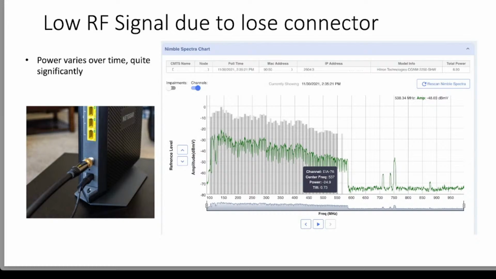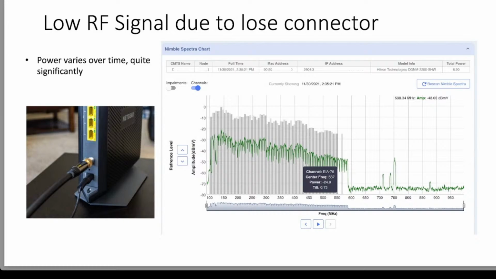So, following the theme of loose connectors, we see a lot of times where there are low signals into subscribers' homes, and this is using full band capture again. What we see here is that all of the RF signals going into this subscriber's home are very low.